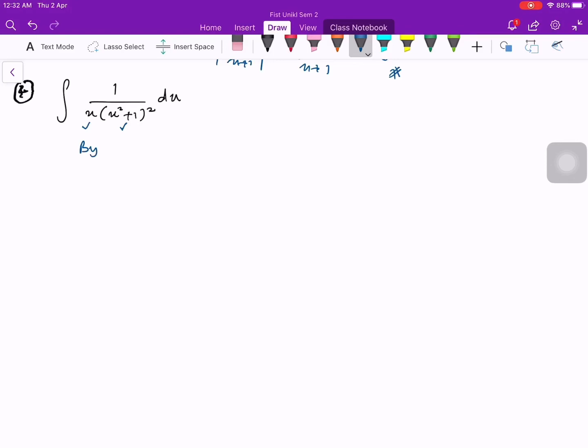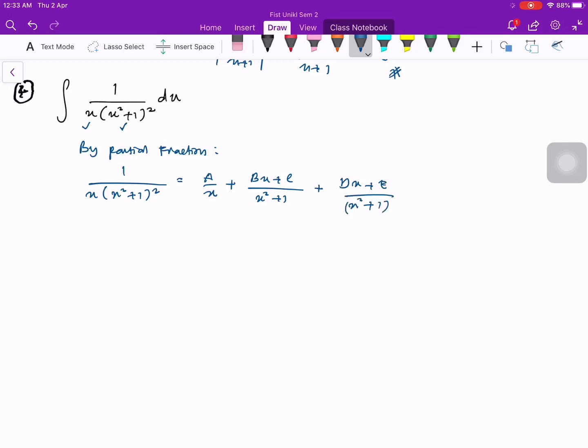So by partial fraction, okay, for 1 over x times x squared plus 1 squared, we're supposed to have A over x for linear factor x. Then we will have plus Bx plus C for x squared plus 1, and we're going to have Dx plus E for x squared plus 1 squared.